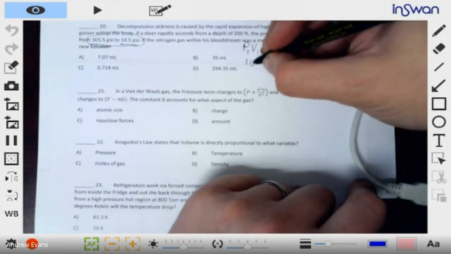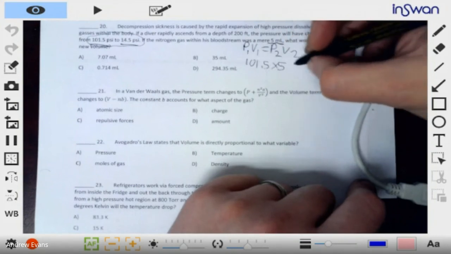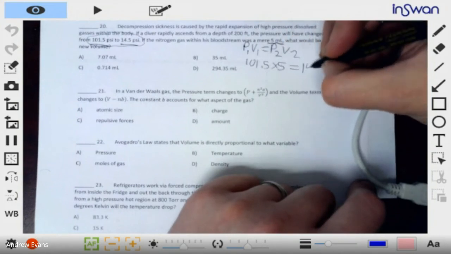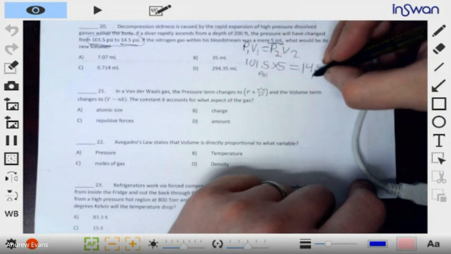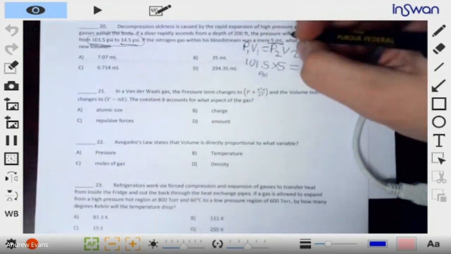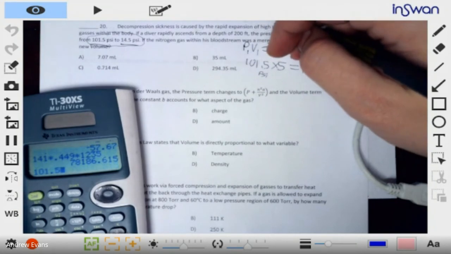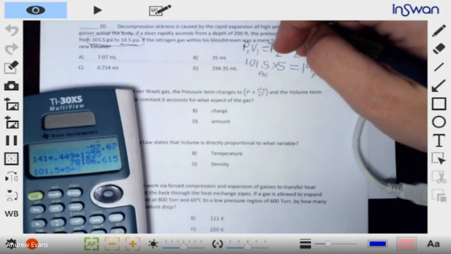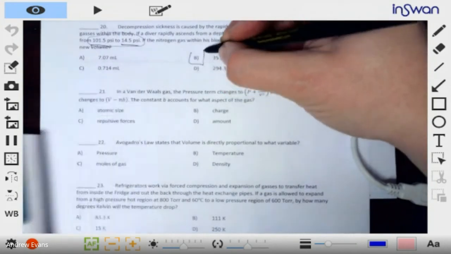So that tells me I need this equation rather than the standard ideal gas. I do not have to convert anything because if this is in psi and that's in psi, they cancel out. So 101.5 times 5 divided by 14.5 would give us our volume of 35.